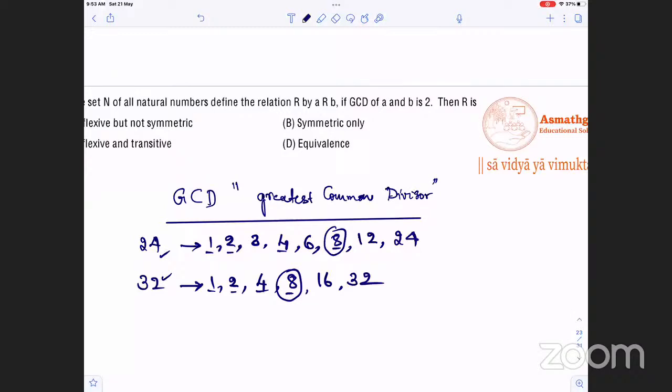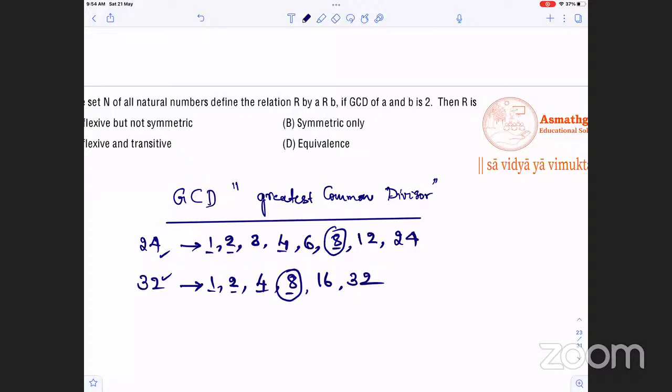Please observe that this 8 is the GCD of 24 and 32. There's a property about this GCD. If 8 is the GCD of 24 and 32, every number which divides both 24 and 32 also divides 8. For example, 1, 2, 4, and 8 all divide 8.